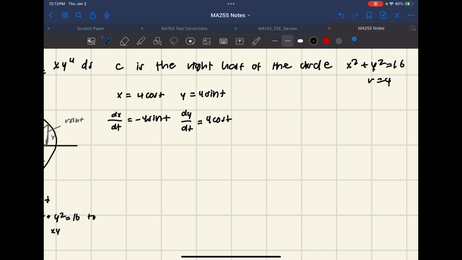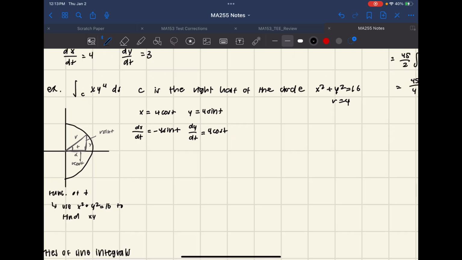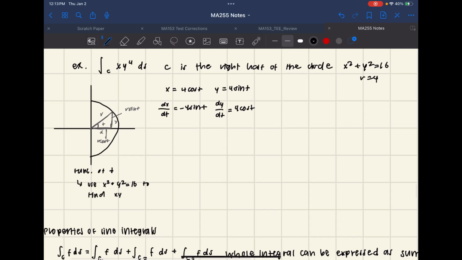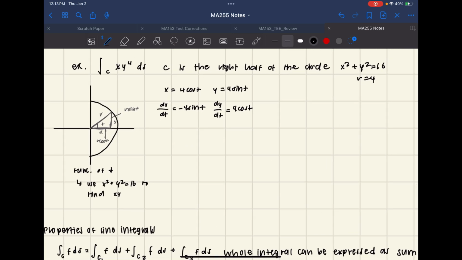For evaluating, it doesn't tell us the interval in which we're evaluating, but since this is a half circle, we're going to evaluate from -pi/2 to pi/2.